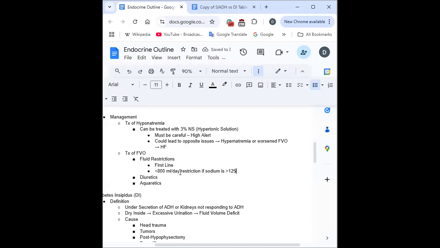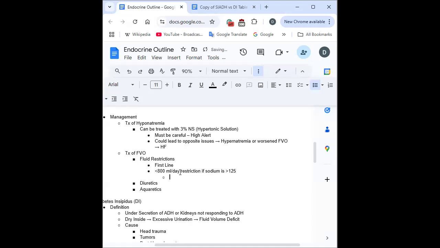If your sodium is under 125, then you're going to do the 3% hypertonic to try to rescue them from the critical low sodium. And this follows the idea of least invasive first, because it's less invasive to restrict fluids than it is to give a bunch of medications.